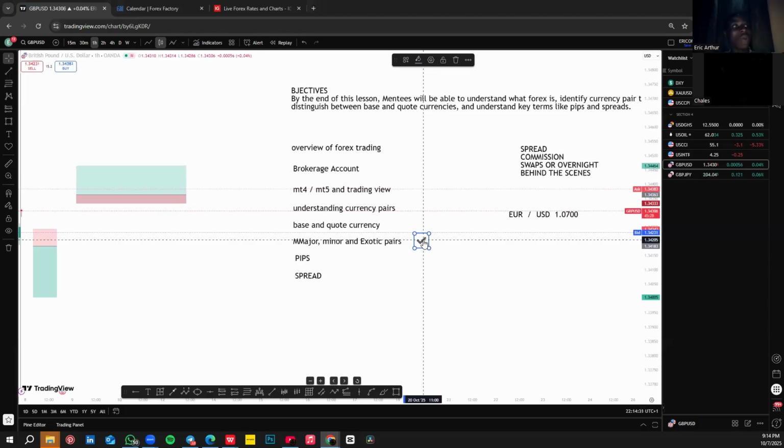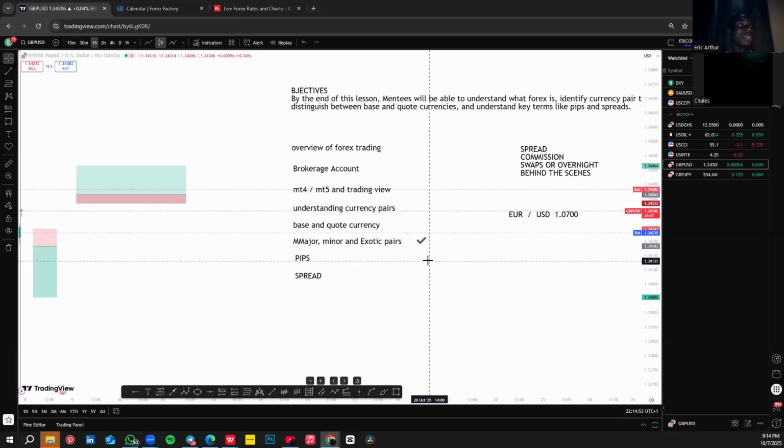The minor ones are the developed countries without the US dollar. And the exotic pairs are the developing countries' currencies paired with developed ones. So that's a very simple explanation.